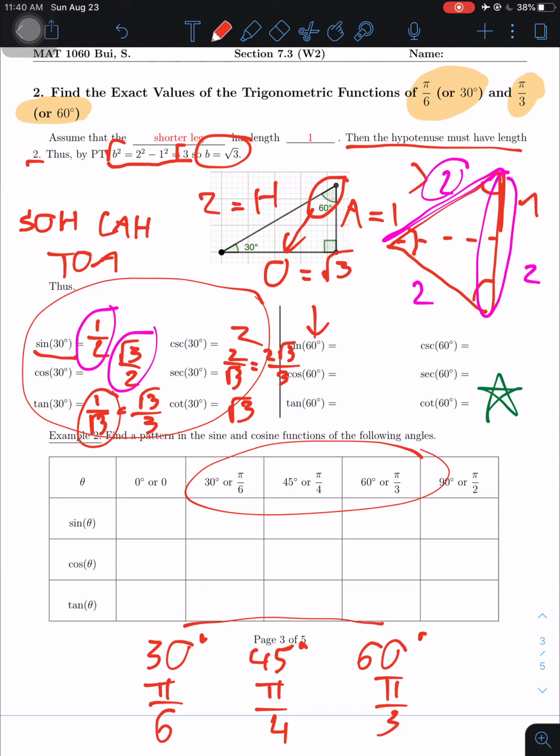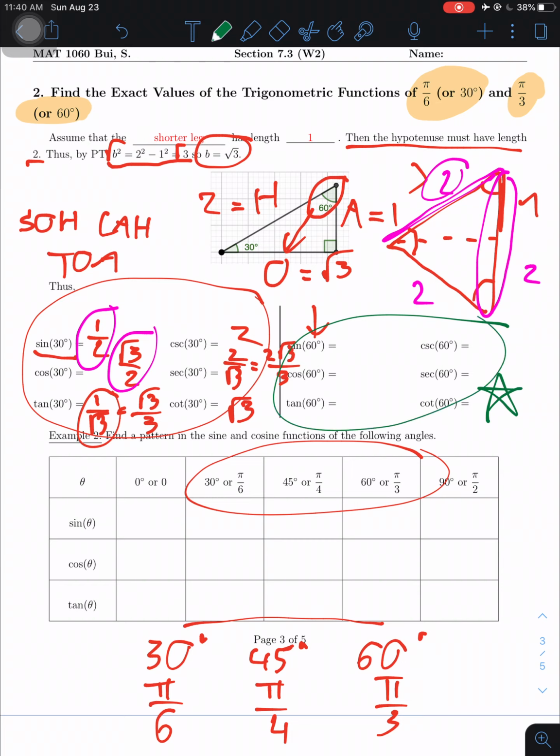It really depends on which angle you're using. Only the hypotenuse stays the same for any angle that you're looking at, because there's only one hypotenuse. But opposite and adjacent change depending on which angle you use. So green, this is your part.